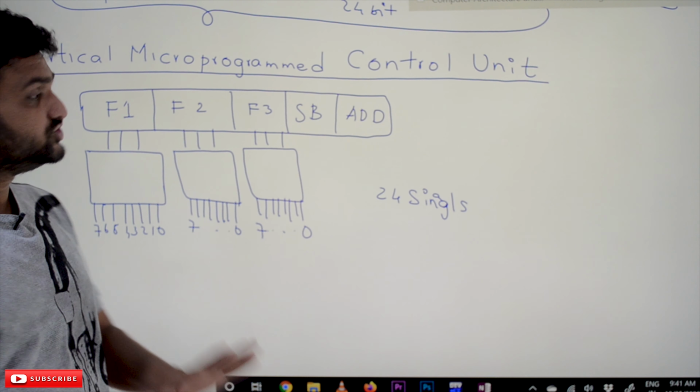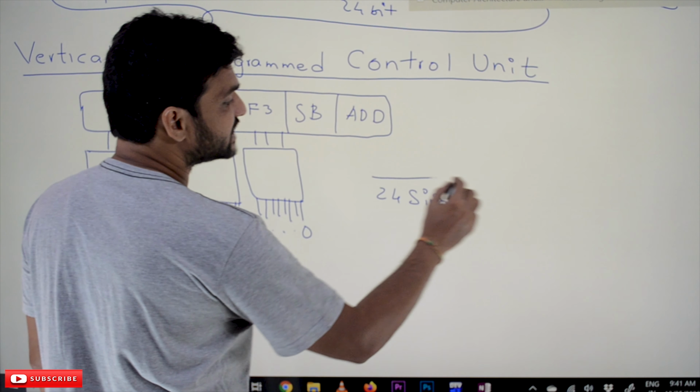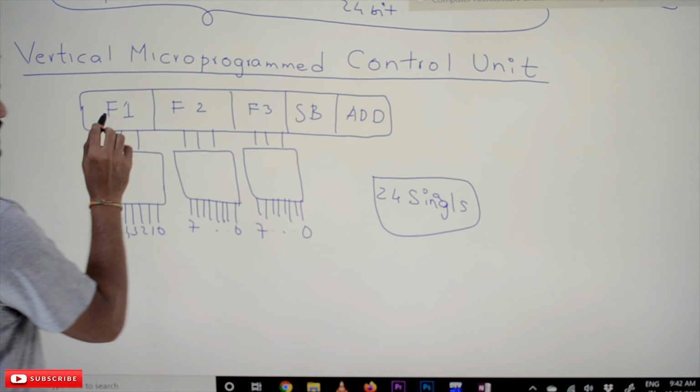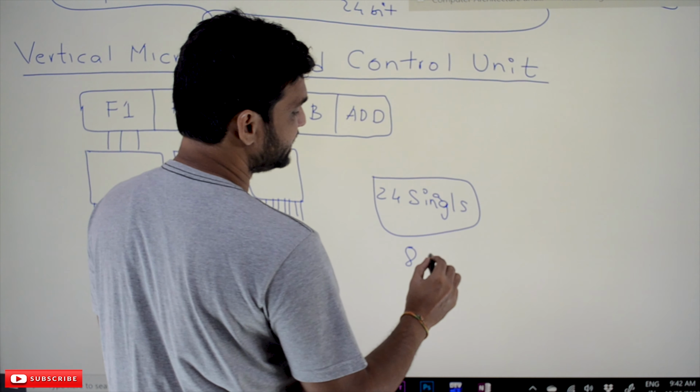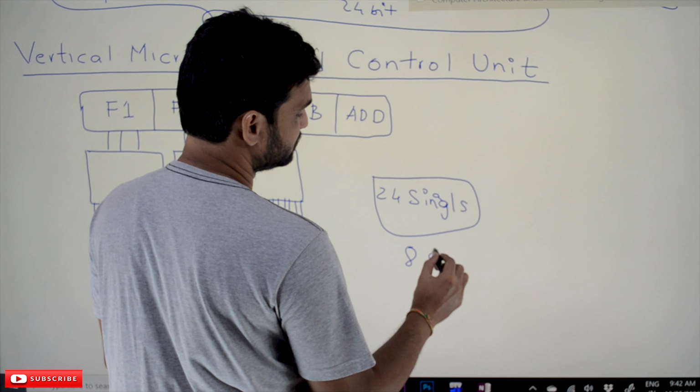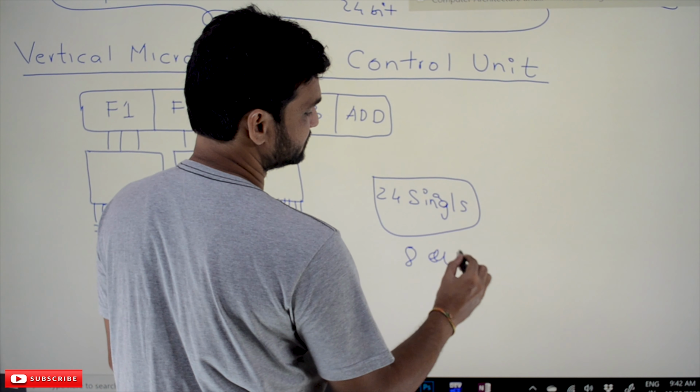Right now, assume that all these 24 signals have been grouped into 3 groups, F1, F2, F3, and each group has 8 micro operations.